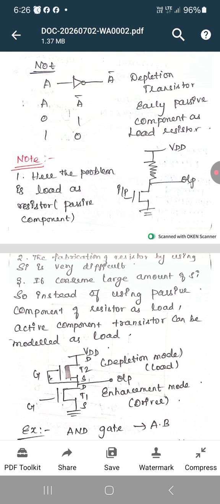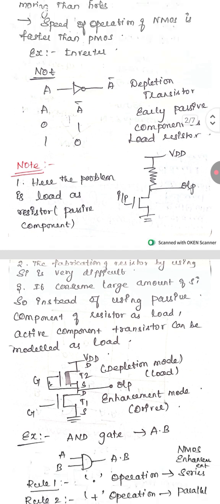To differentiate the enhancement mode transistor from the depletion mode transistor, they provide a shade over the transistor. Between output and VSS we have the enhancement transistor. In our logic we implement using enhancement mode transistors, because enhancement mode works when the supply is provided and is off when it is not. It acts according to our instructions, so we prefer it as the driver.